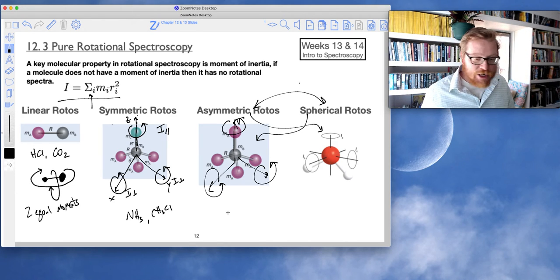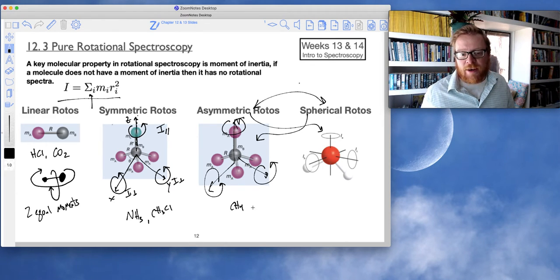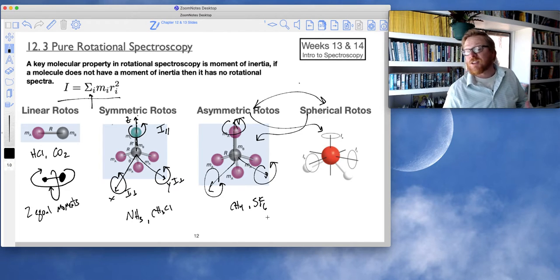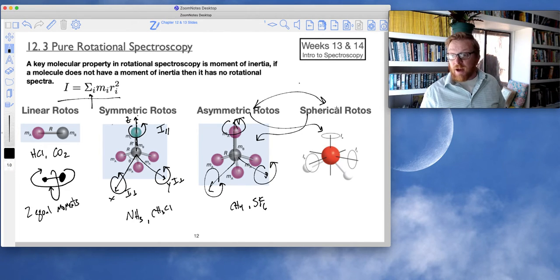As you might imagine, something like methane, or even something with non-tetrahedral geometry, SF6, would be another great example of a spherical rotor, something that's symmetrical all the way around. You might think about a symmetric rotor, well, why not SF6? The important thing with the symmetric rotor is it's got one symmetrical axis. The spherical rotors have three symmetrical axes.